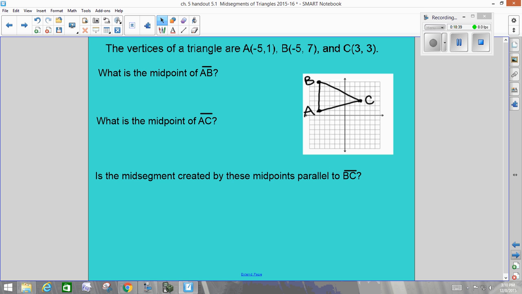How are we going to find that midpoint? Why do you giggle? Can we just count the midpoint? Okay. What's the midpoint of AB then?